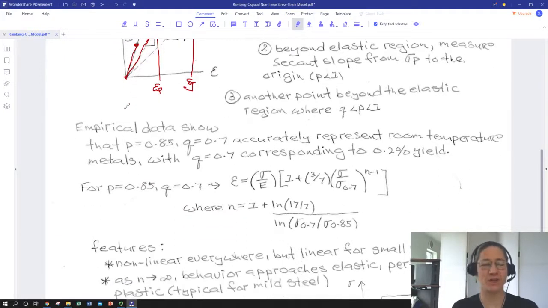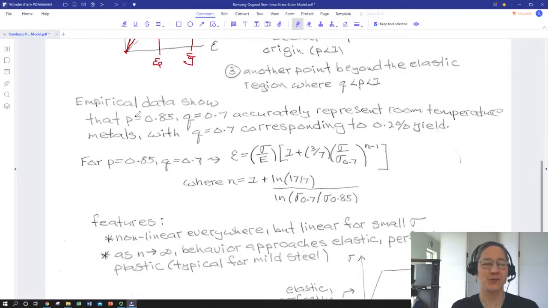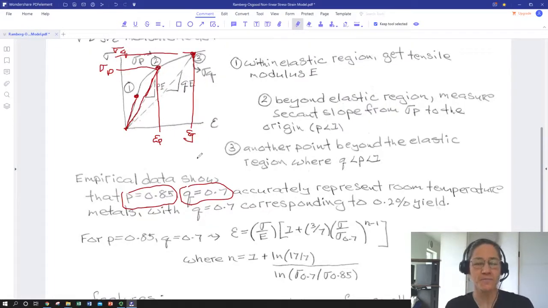As it turns out, if you collect enough empirical data, you'll find that the value P and the value Q, which you multiply by E to get the decreased slopes of those lines leading from the origin up to points P and Q, or points 2 and 3 here, times modulus, if those are 0.8 and 0.7 respectively, then we're going to fairly accurately represent room temperature behavior of metals that have a defined yield point, which is a whole lot of things people work with for any kind of structural component, not just highways and bridges, but a lot of small mechanical components.